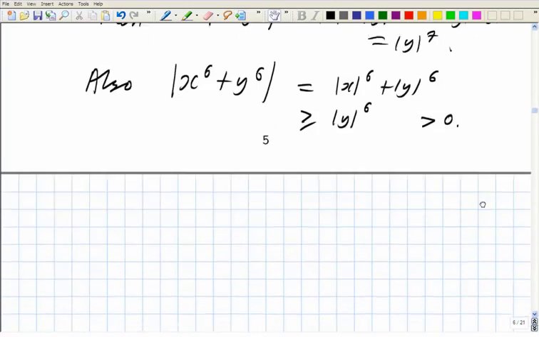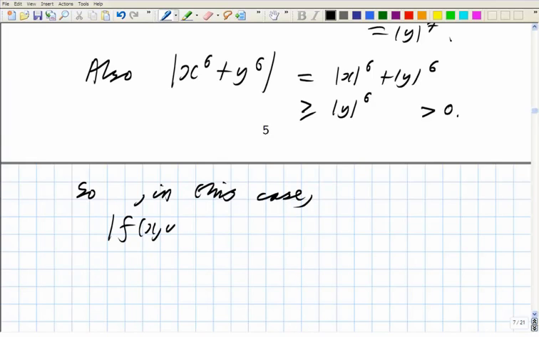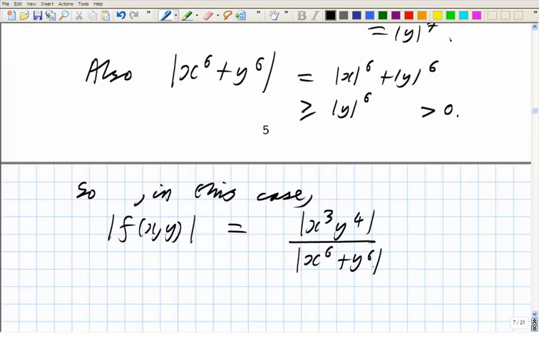So, in this case, the modulus of f of xy, which is equal to modulus of x cubed y to the fourth over the modulus of x to the sixth plus y to the sixth, we know the numerator is less than or equal to mod y to the seventh, and the denominator is greater or equal to mod y to the sixth.